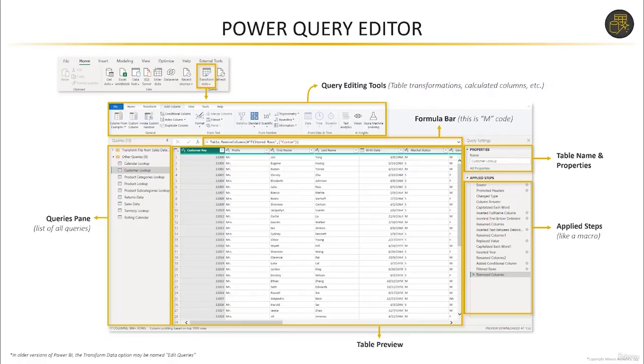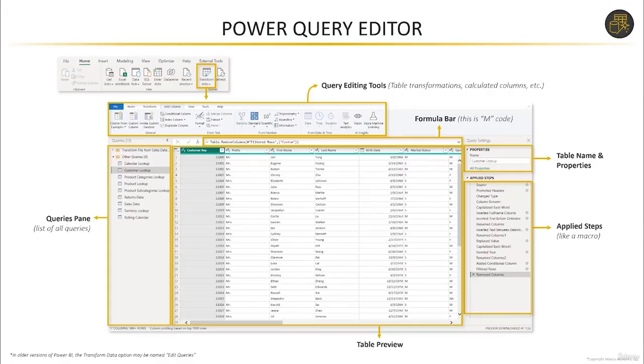And then last, but certainly not least, the applied steps pane here in the lower right. This is really powerful because every time you make a change to your data, every time you apply some sort of shaping or transformation operator, Power BI will record an applied step using M code and add it to the list here.